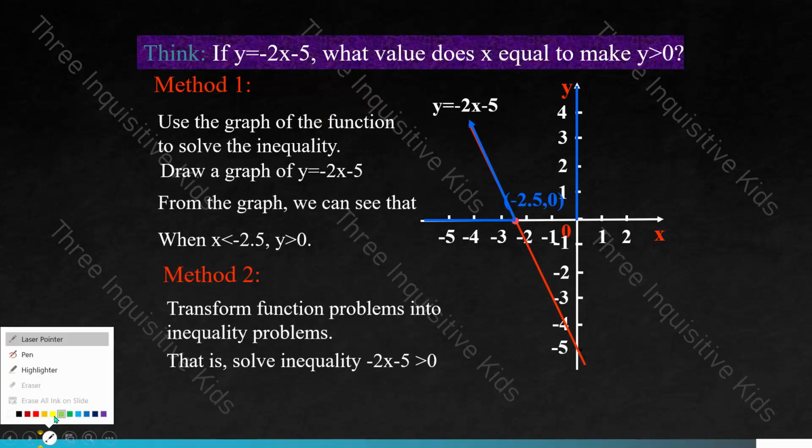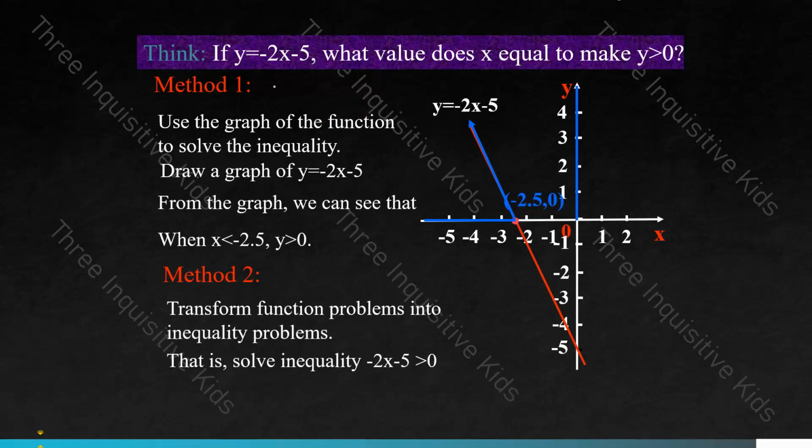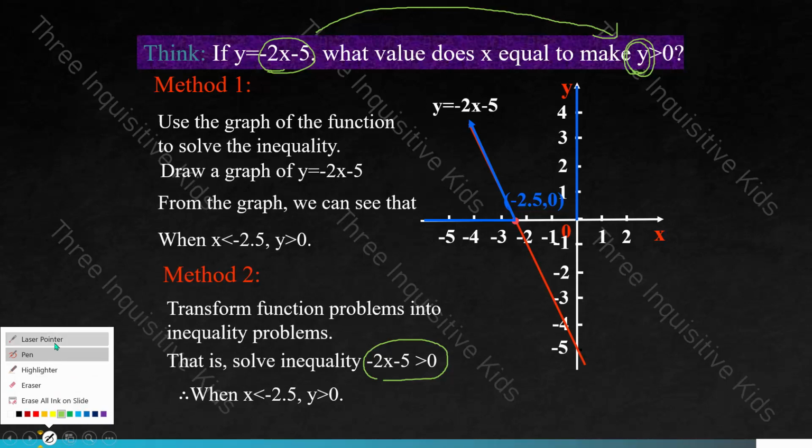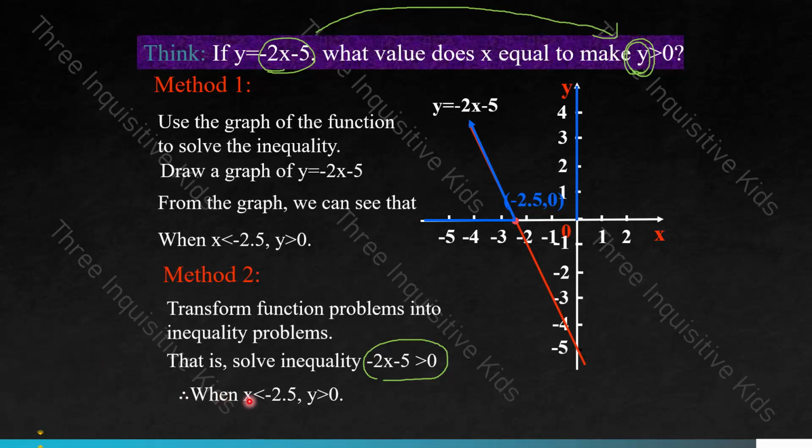But since previously we know that y is already equal to negative 2x minus 5, we can just replace this y right here with the expression negative 2x minus 5. So now we have the new inequality, negative 2x minus 5 is greater than 0. After solving, we see that x is less than negative 2.5 and y is greater than 0.